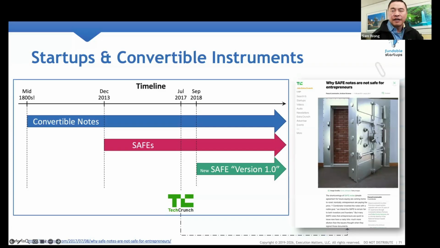Instead of generically calling it safe version 1 or safe version 0.9, that newly created variant of the safe ended up being called a post-money safe, for various mathematical reasons, which means the previous version becomes a pre-money safe.